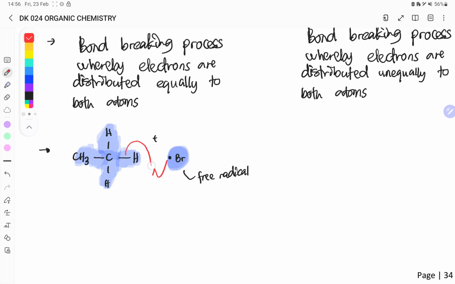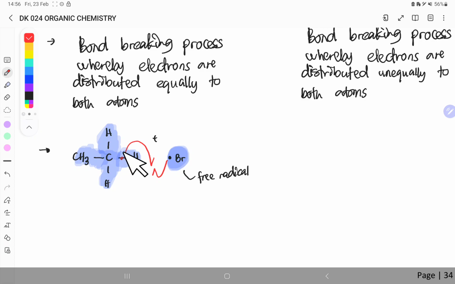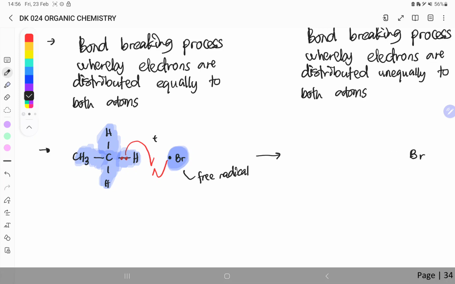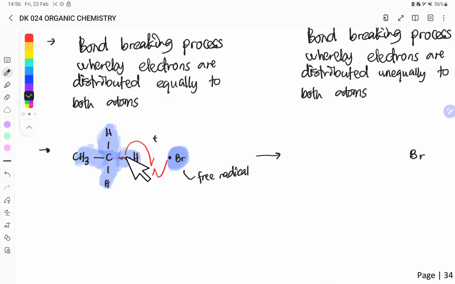So dekat sini ada dua elektron kan dekat bond ni. So satu elektron daripada bond ini akan digunakan bersama hydrogen untuk form satu bond bersama Br. So what will happen is that I'm going to draw the Br first. Br tadi dia sumbangkan satu elektron yang ini, manakala hydrogen sumbangkan satu elektron. So dia akan dapat HBr. Ada dua elektron kat situ.